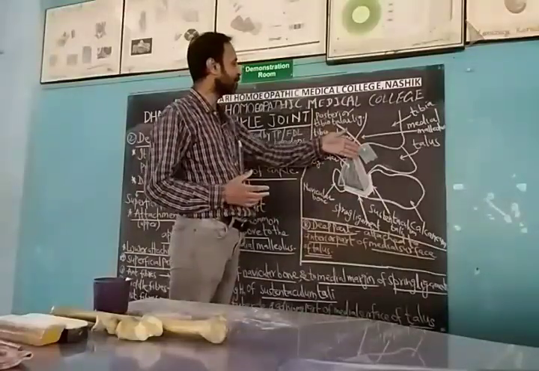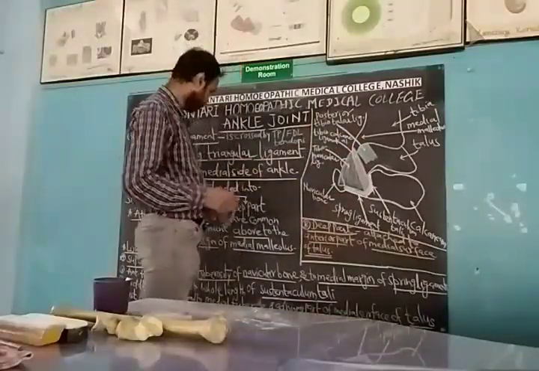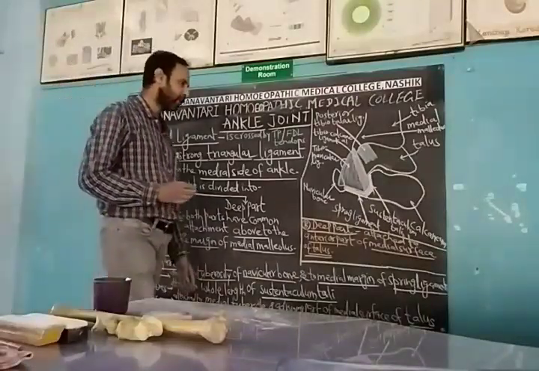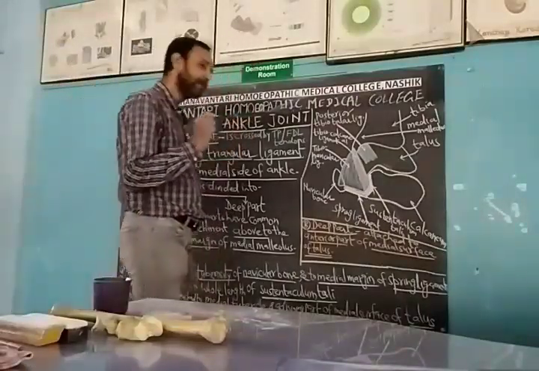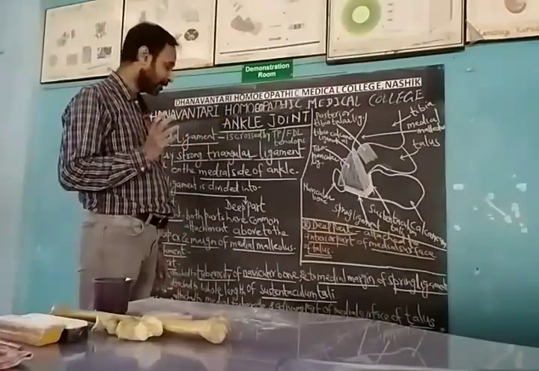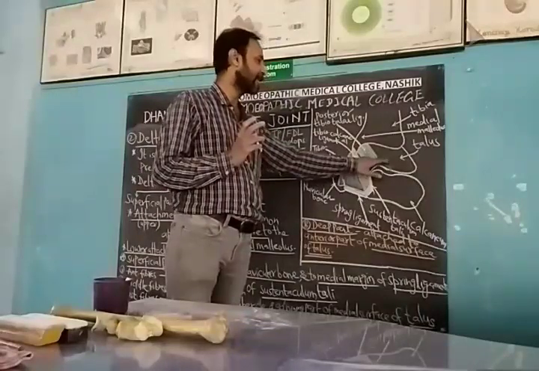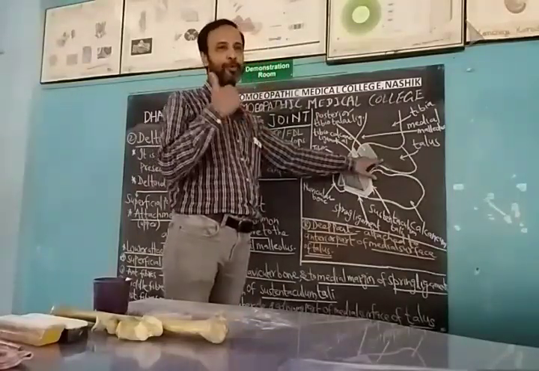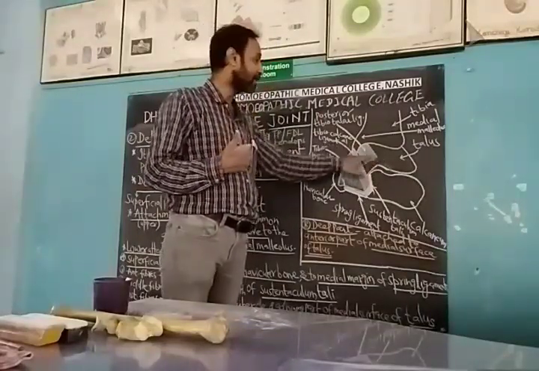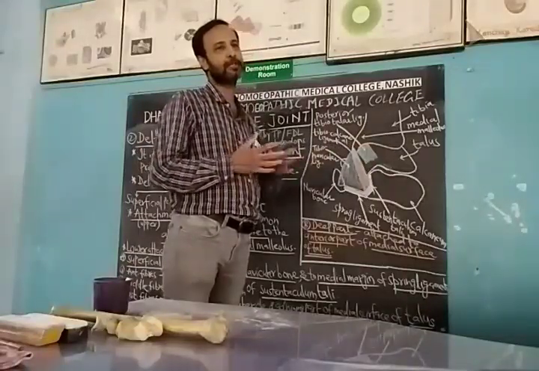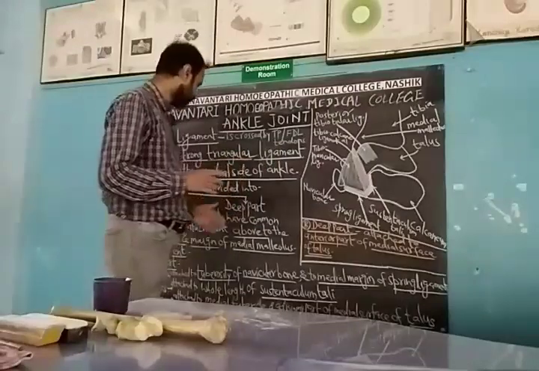And the posterior fiber is attached to the medial tubercle and the adjoining medial surface of the talus. So it is attached on the talus. Now we'll see one by one.